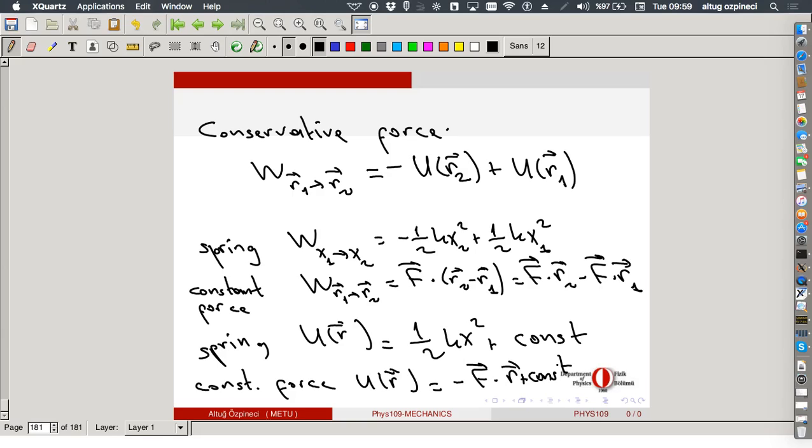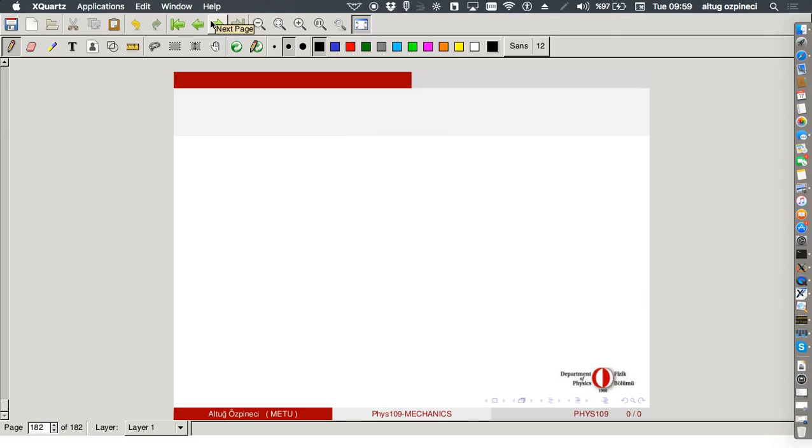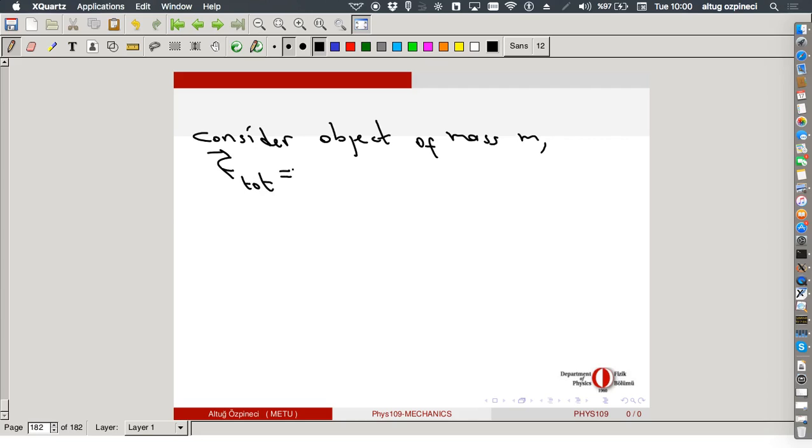Well, why do we make this definition? Let's just assume that we have an object and there is only a conservative force acting on it. The total force, let's just denote it by F, is a conservative force.